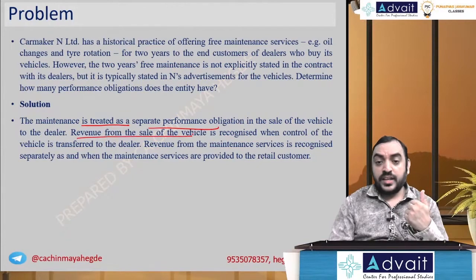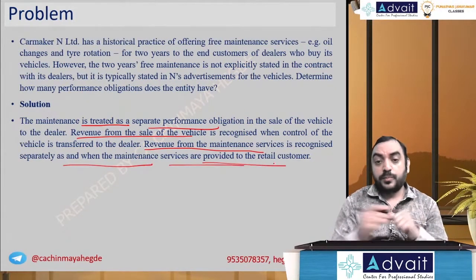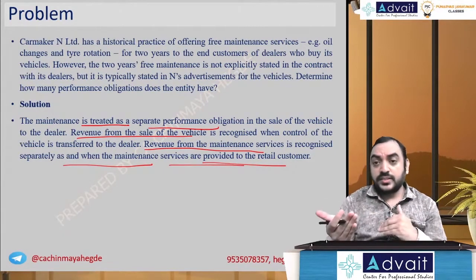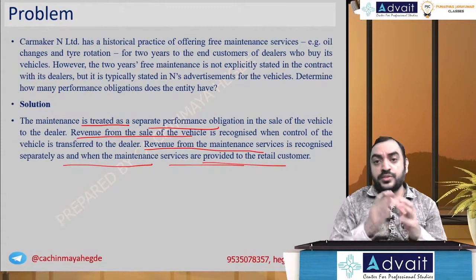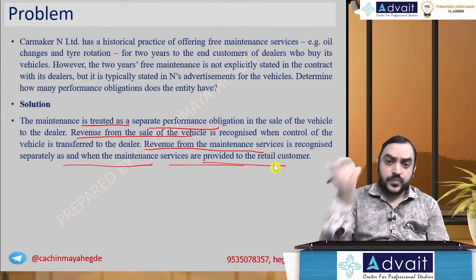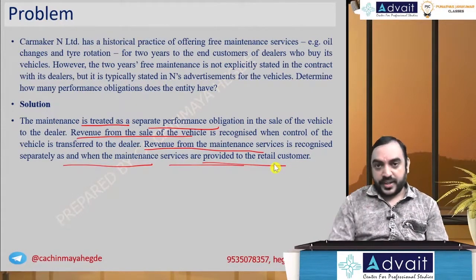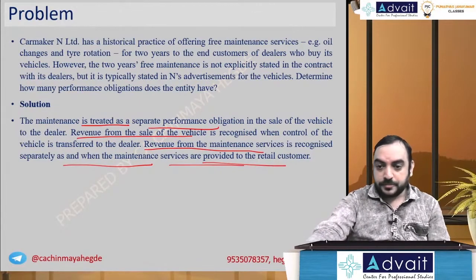Revenue from the sale of the vehicle is recognized immediately when the control of the vehicle is transferred to the dealer. Revenue from the maintenance service is recognized separately as and when the maintenance service is provided to the retail customer. So it is 1 year, one service, you recognize revenue proportionately. One more year, one more service, recognize the revenue separately. Okay.